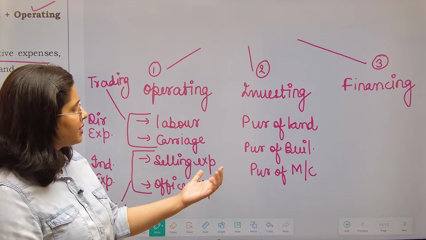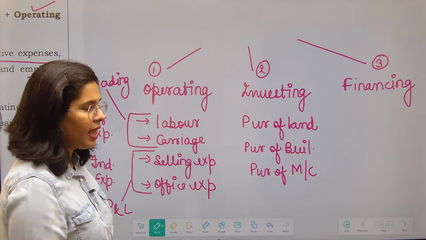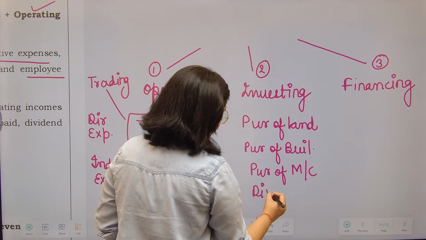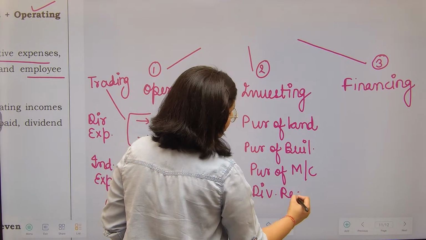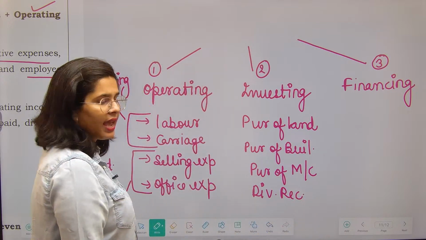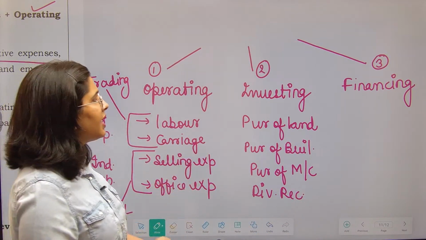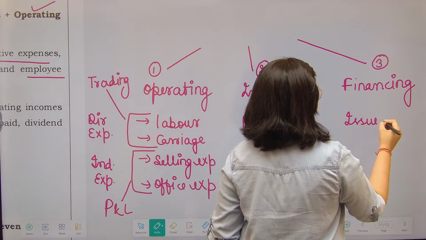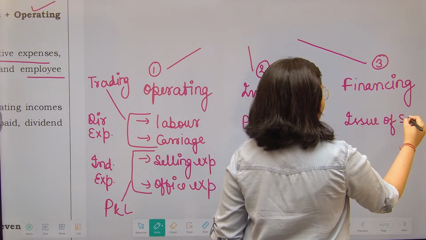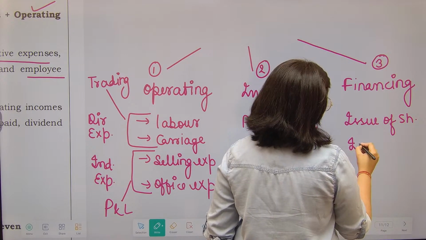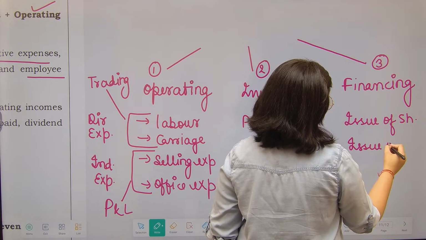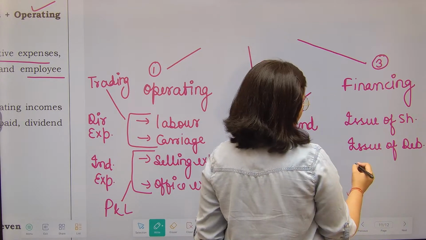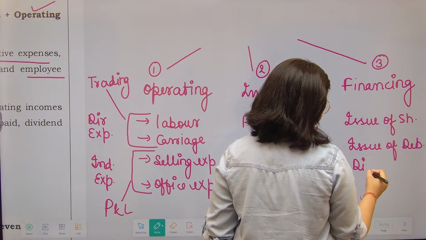So that is why it is taken as an investing thing. Apart from that, suppose I have invested in some shares and from that I have received dividend. So that is also investing activity. Financing activity like issue of shares, issue of debentures, fine. Dividend paid.